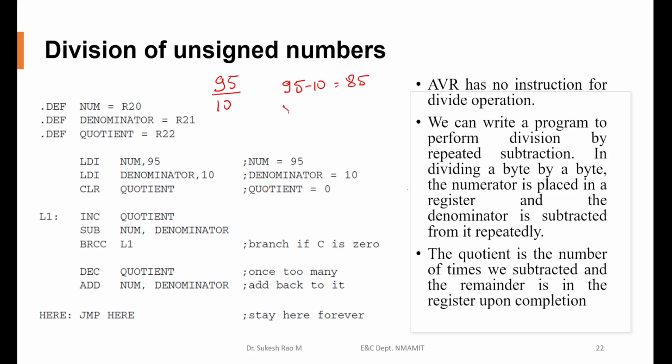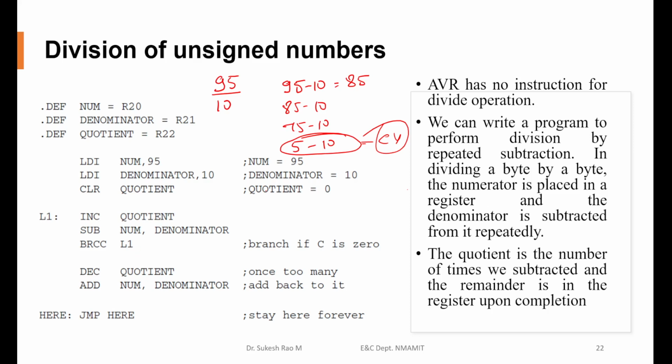Now what happens: 85 minus 10, then 75 minus 10, and so on, it will keep going. Finally 5 minus 10 comes, and here you get the carry flag. By that time the iteration has gone ten times, one more extra, so the quotient holds that answer.